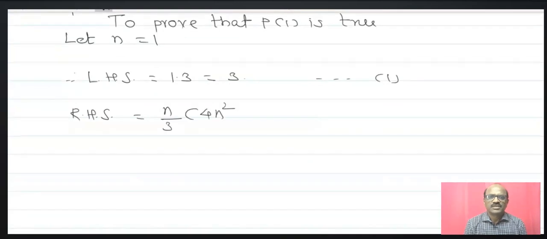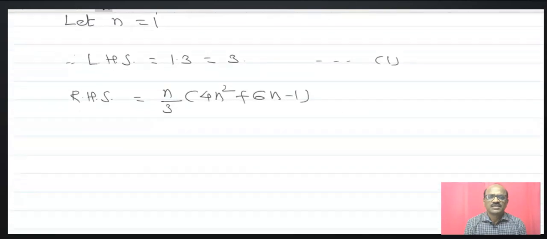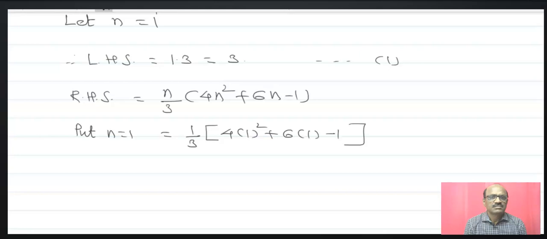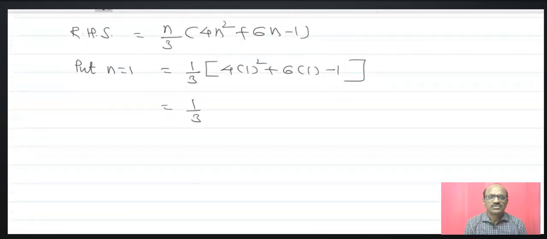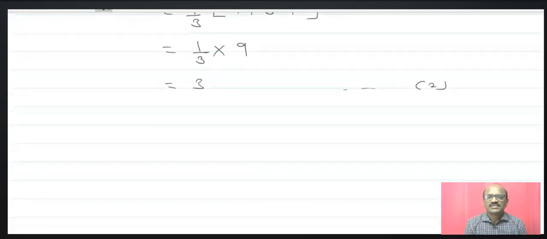n upon 3 (4n square plus 6n minus 1). Put n equals 1, that is 1 upon 3 (4 plus 6 minus 1), that is 1 by 3 (4 plus 6 minus 1), which is 9. 1 upon 3 into 9 is equal to 3.